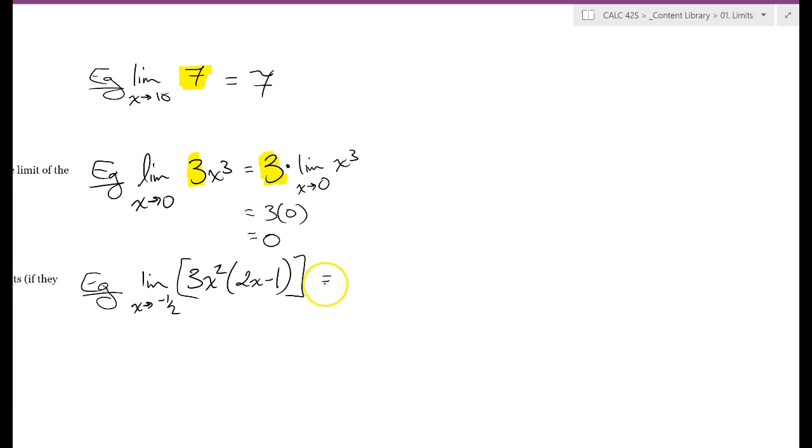So the product rule basically says I can chunk it into the limit as x approaches negative a half of 3x squared times the limit as x approaches negative a half of 2x minus 1. Again, you can put brackets or not. And from here we can even break it down a little further.